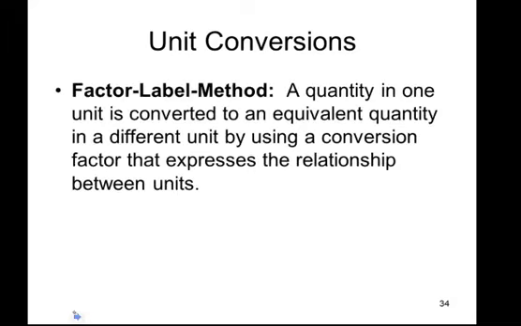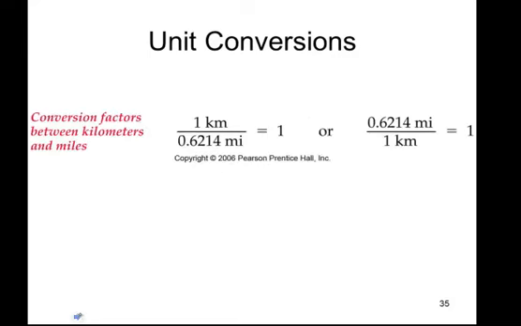All right, unit conversions, we're going to use what's called the factor label method, meaning we're going to take our conversion factor and we're going to be able to cancel our units. For example, if I want to convert miles to kilometers or kilometers to miles, I can look up a conversion factor in my book.